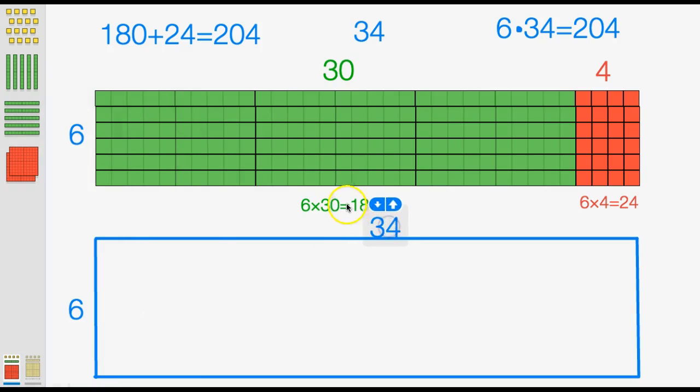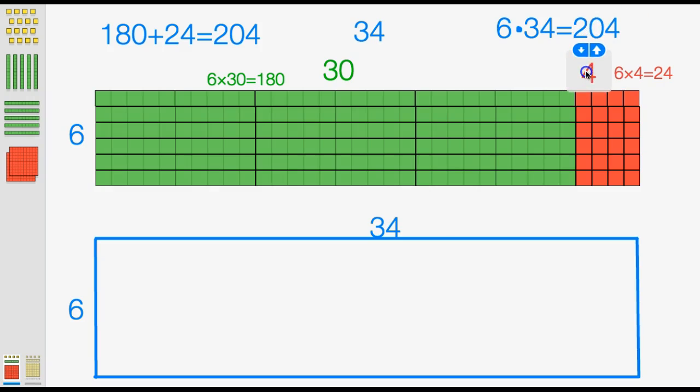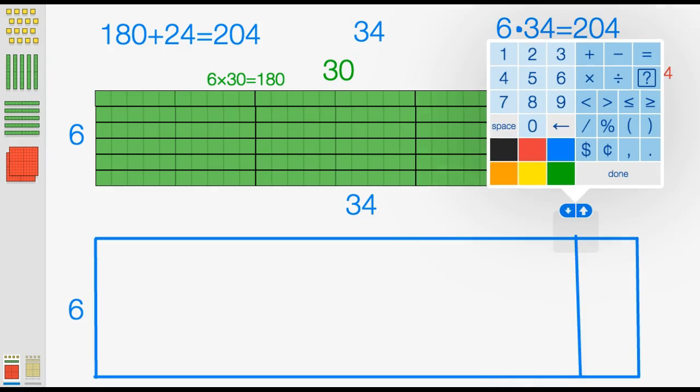Okay, so 34, I'm going to move this guy out of the way. Let's put him right up here. And let's put this guy right up here. Just move those out of the way. So here we have 34. So again, we're going to decompose 30 into 30 plus 4. So if I were to decompose this, I'd probably draw it about right here since I have the model. And now I know that this section is now 30.